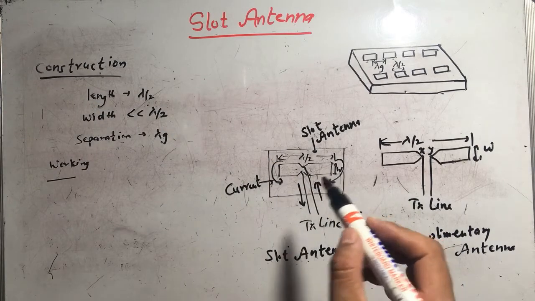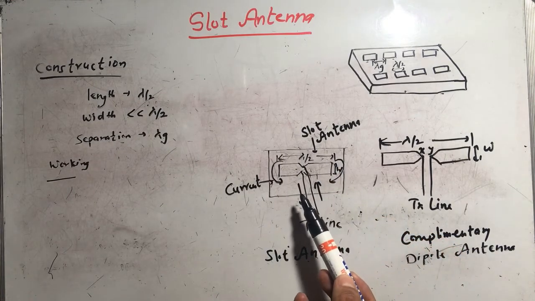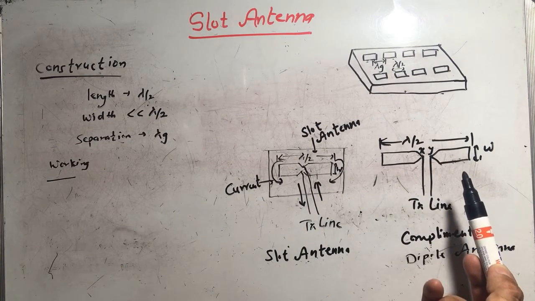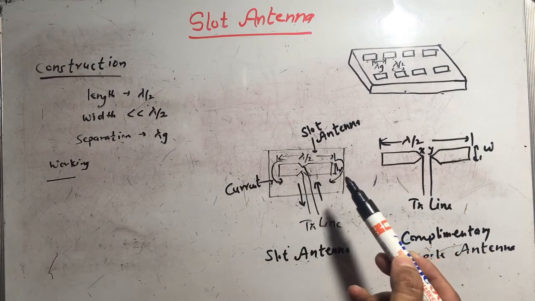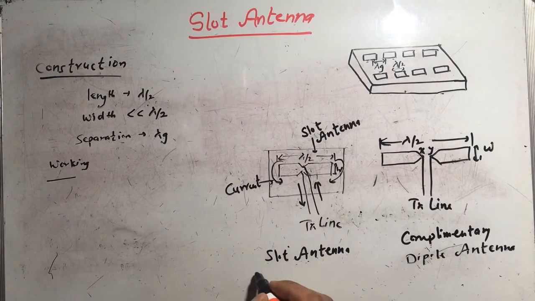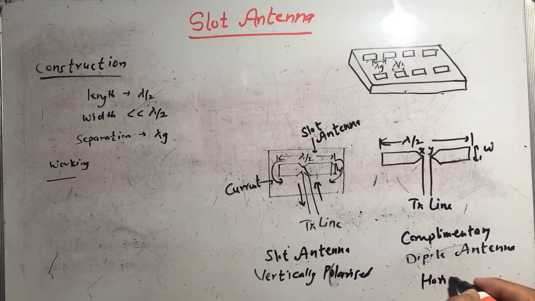As per Booker's theory, the patterns of the slot antenna and dipole antenna are the same in shape, except the electric field will be vertically polarized for the slot antenna and horizontally polarized for the dipole antenna.